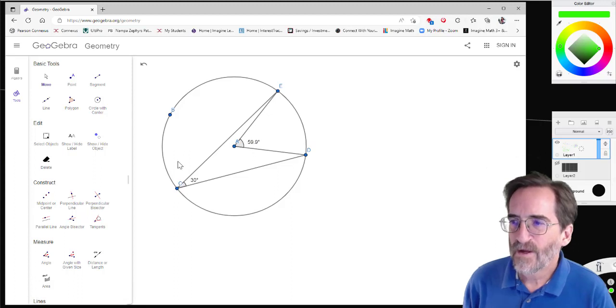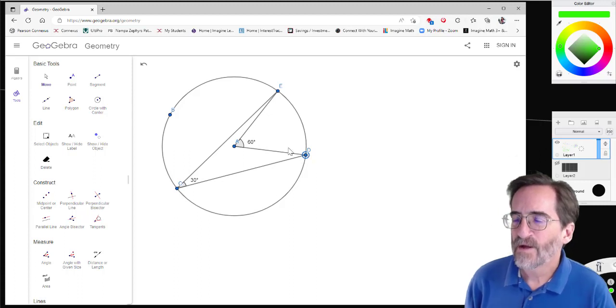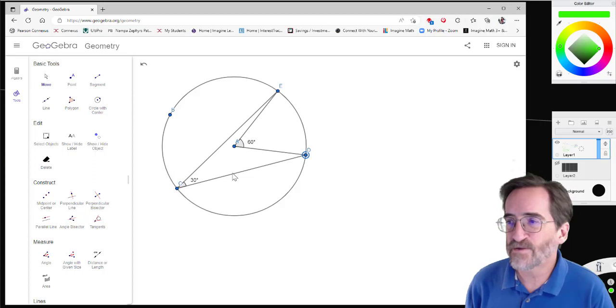Now I'm going to play with these a little bit, and hopefully we'll notice a relationship. I'm going to make this 60 degrees. Notice when the central angle is 60 degrees, the inscribed angle is 30 degrees. Now let's make the angle 80 degrees.